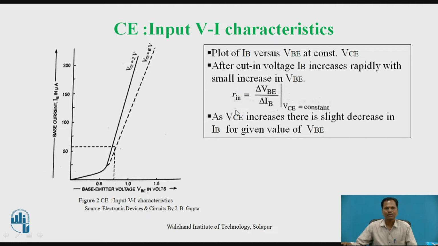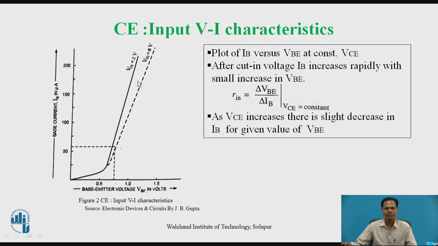Relatively, as compared to common base circuit configuration, the input resistance of a transistor in common emitter circuit configuration is higher. The input resistance in common emitter circuit configuration is at a medium level because the base current IB is in terms of microamperes.